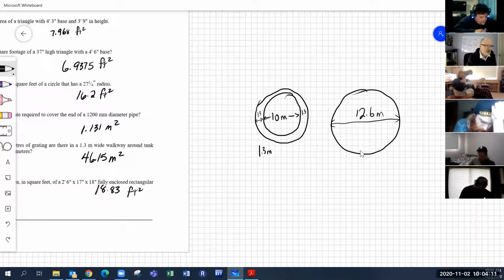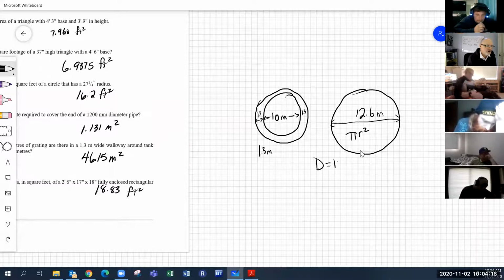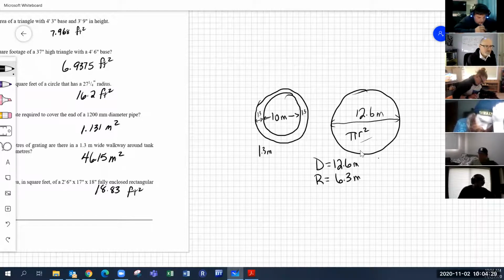So we could do the area of this one first. Pi r squared. My diameter is 12.6, so that makes my radius 6.3 meters. So I'll do the area of the big one first. That's 3.1416 multiplied by 6.3 meters squared.